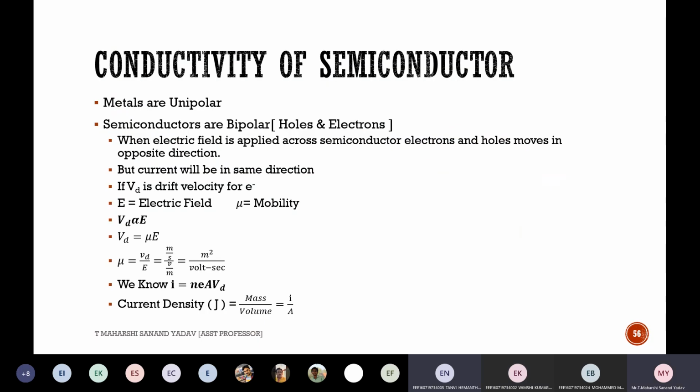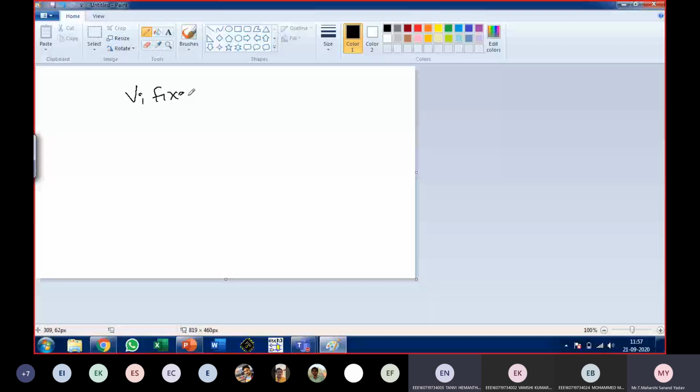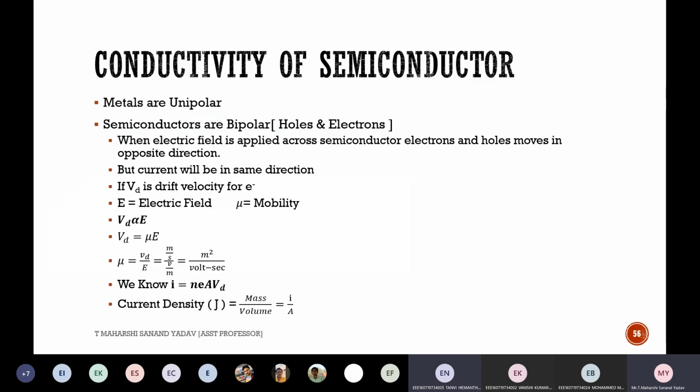Next, case number 1. In case number 1, Vi is fixed and RL is also fixed. So here there are no cases like input minimum, input maximum, RL min, RL max. There is no need for you to analyze this when Vi is fixed and RL is fixed. Again, simply consider the same diagram.